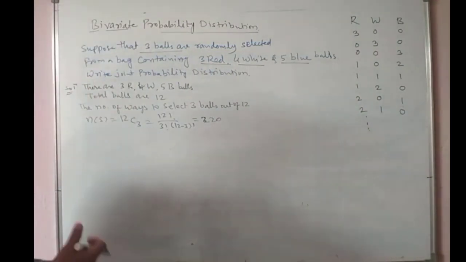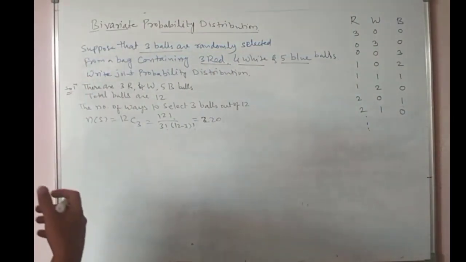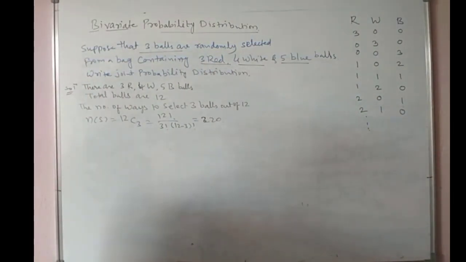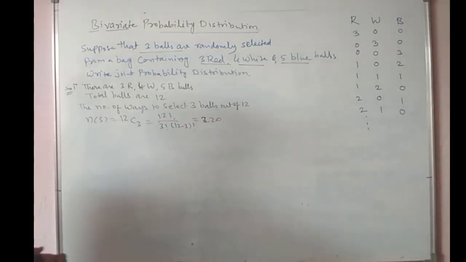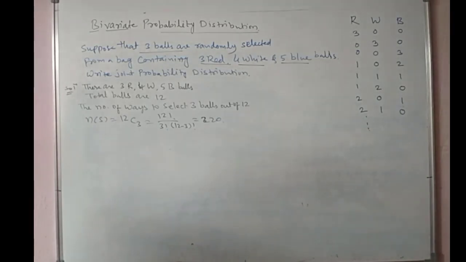So see, what are the possible ways to select the red balls, white balls or blue balls? Since our aim is to get that, we are selecting 3 balls. Our aim is to find out in how many ways.